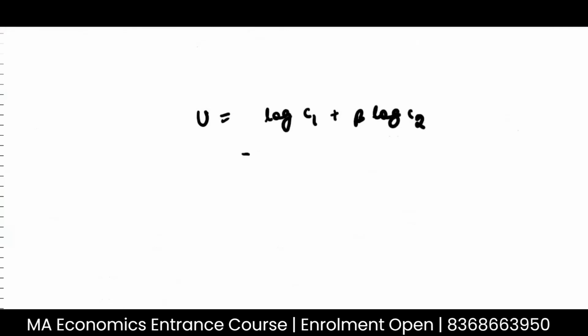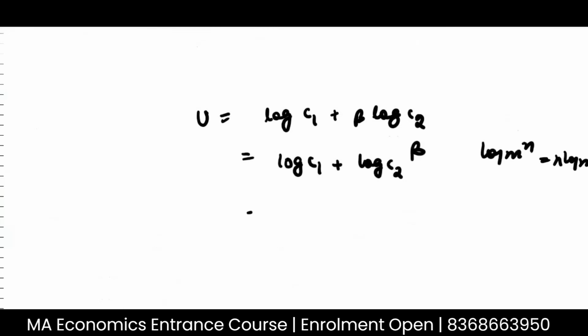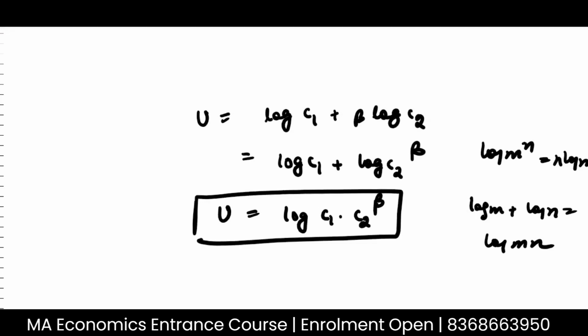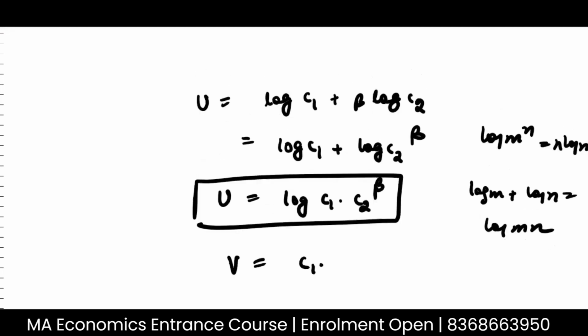This is nothing but log C1 plus log C2 to the power beta, since n log m is log m to the power n, so beta goes in the power. And we know that log m plus log n is log m into n. So this is nothing but log of C1 into C2 to the power beta, which means that this is just a monotonic transformation of my utility function C1 into C2 to the power beta.